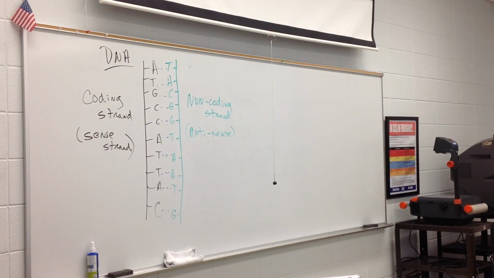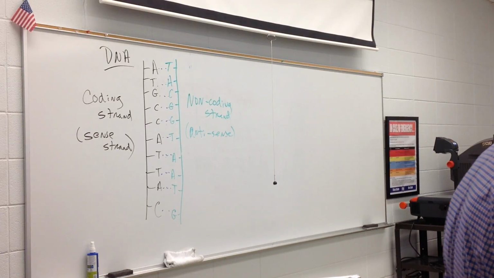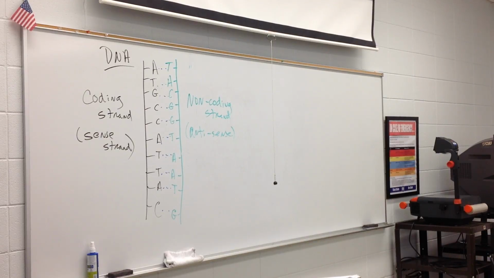Because the non-coding strand is not damaged, it remains intact, and if the coding strand gets damaged, well, you've got the information there to put back what was originally there, right? You know, because it always does that complementary base pairing. So there you go, it's definitely got a use.